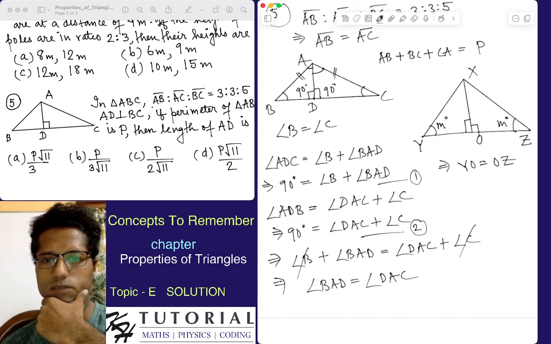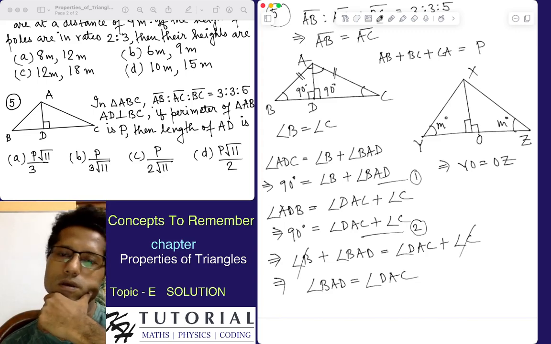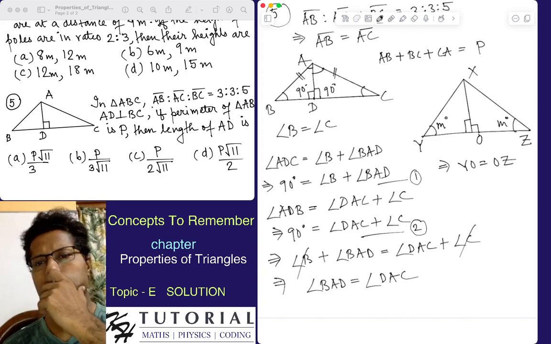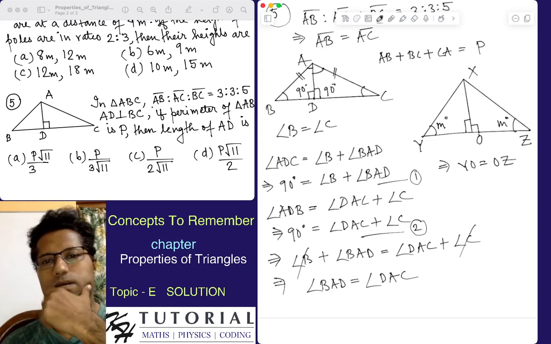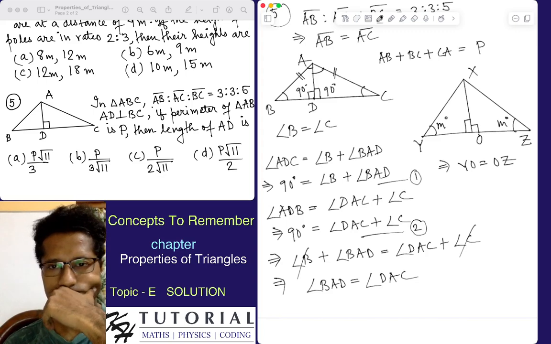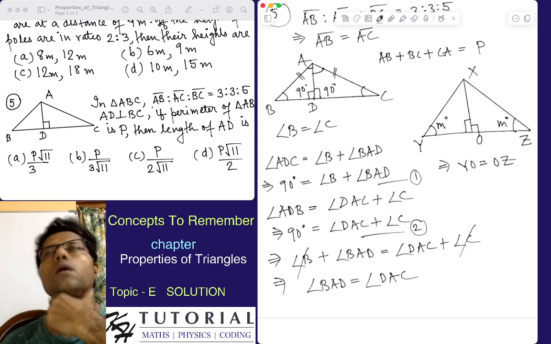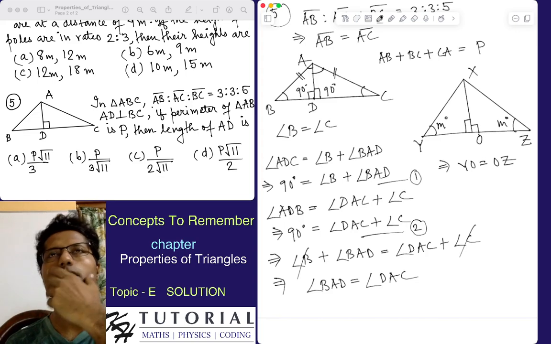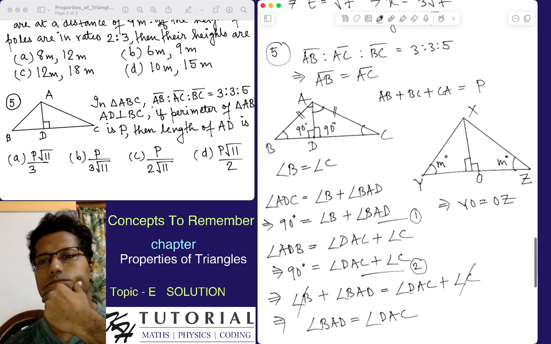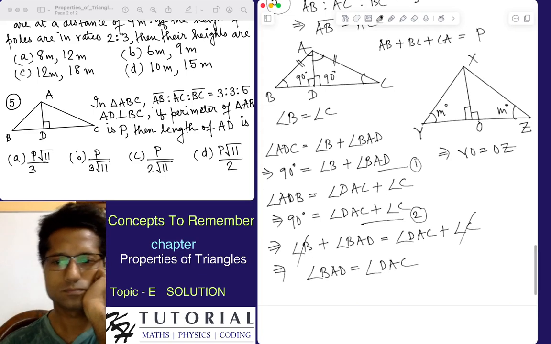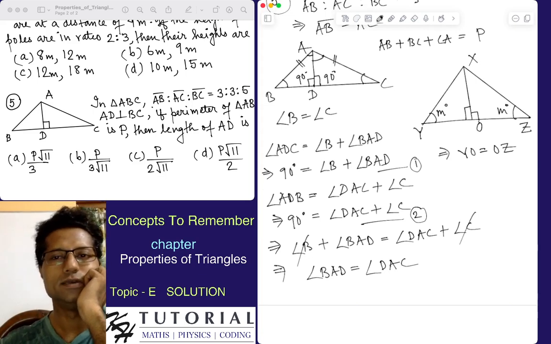Angle BAD is equal to angle DAC. One more thing we know is that BAD is equal to DAC.